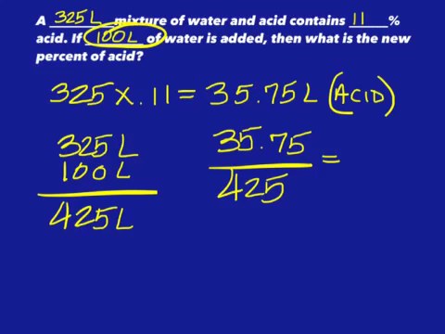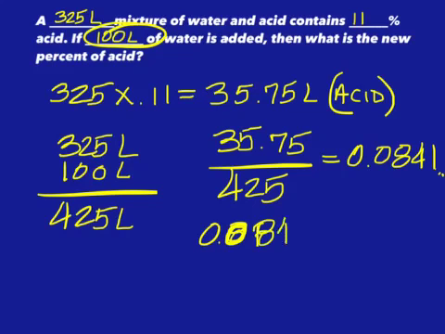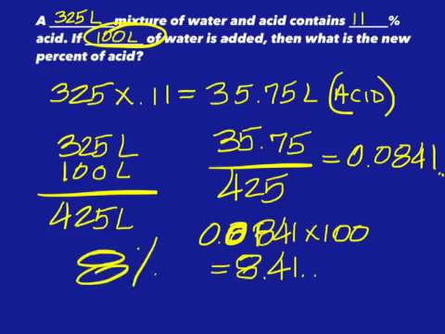When you do that, you should have 0.0841 and some change. Multiply that by 100 to come out with the actual percent, which is 8.41 and some change. But you must round to the nearest percent, which is 8%.